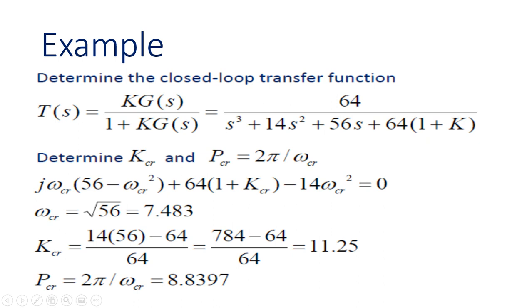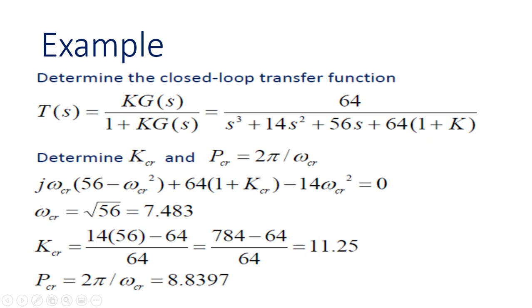that is 7.483. Similarly for KCR, you just plug the value of omega CR into this equation. Now when you do that, the first term goes to 0, and you are left with these two terms. When you rearrange them, KCR is equal to (14 times 56 minus 64) divided by 64.